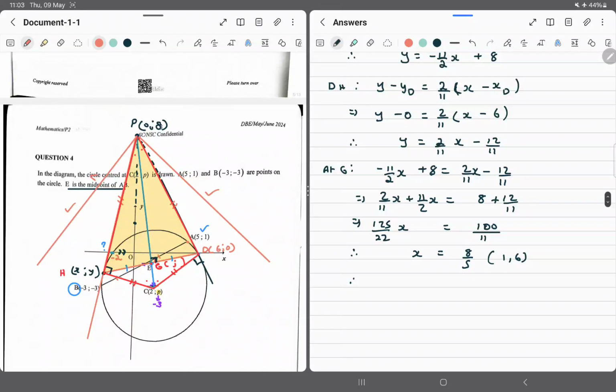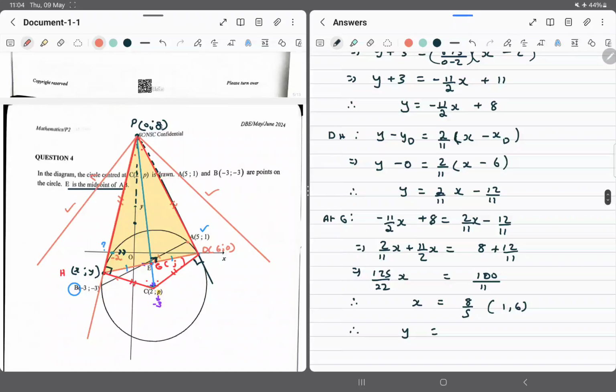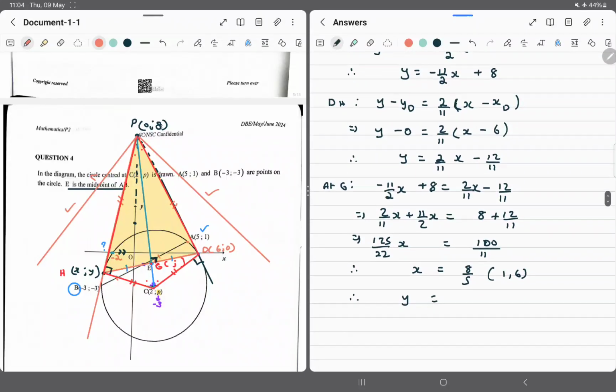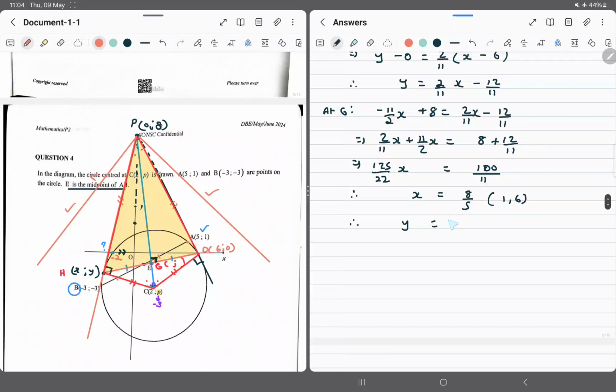Okay, therefore, we can just substitute this into any of the two equations. So I'm going to choose the minus 11 over 2 into 8 over 5, plus 8.